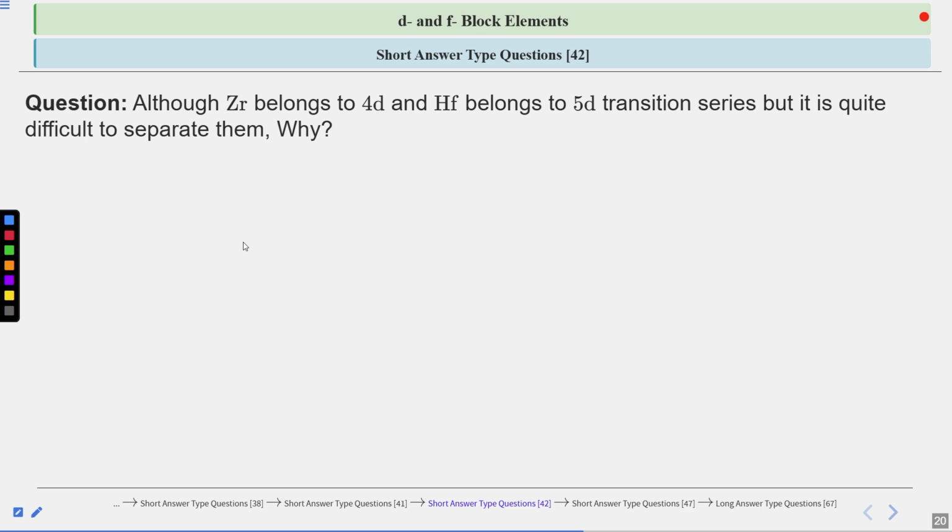Why? We have been asked about zirconium and hafnium: if zirconium belongs to 4d and hafnium belongs to the 5d transition series, still why is it quite difficult to separate these two? You have to tell the reason. You are given some time, try to analyze this question. Then we will conclude its answer.